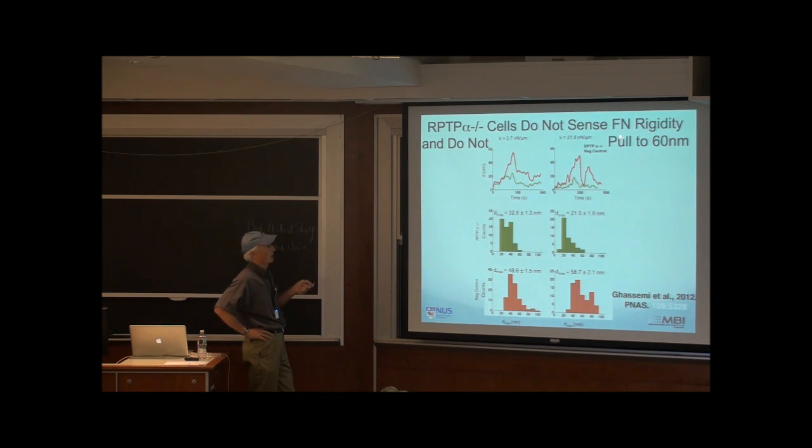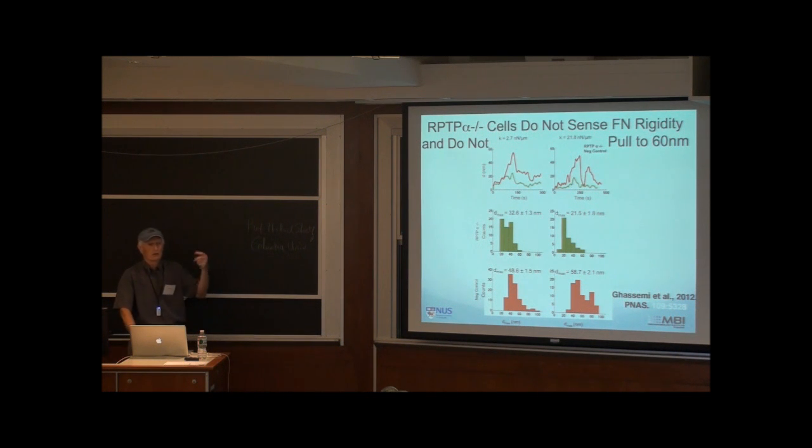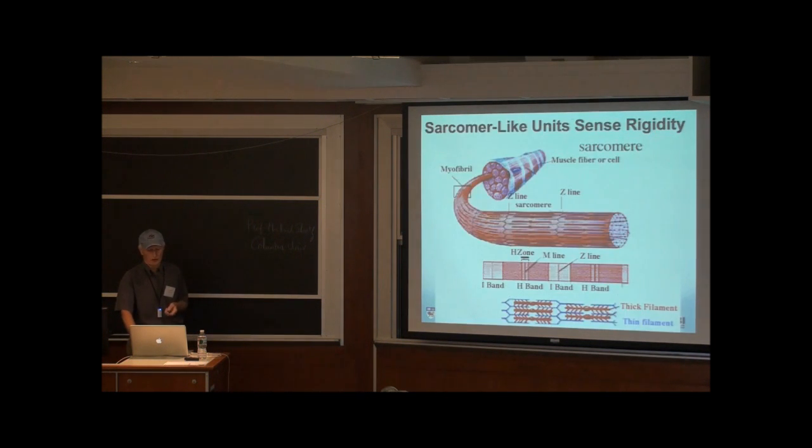And if you now express RPTP alpha in the RPTP alpha minus cells, you now get the displacement to the same 60 nanometers. So indeed this pulling to 60 nanometers correlates with the ability of the cells to sense the rigidity of the surface.